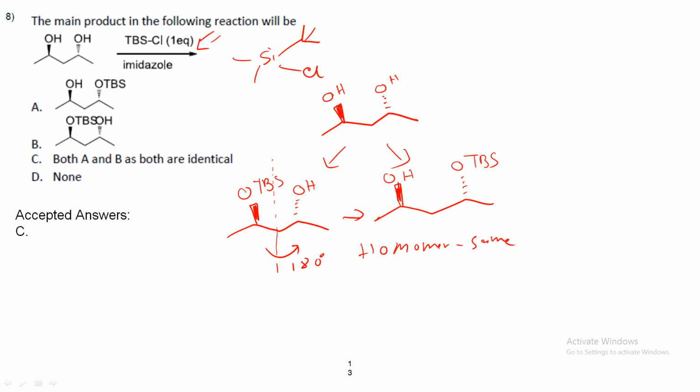They are not enantiomers or diastereomers, they are the same. So now check: A, B should be the right option, and A and B are identical, so we cannot choose just one. They are homomers. That's how the right answer should be.